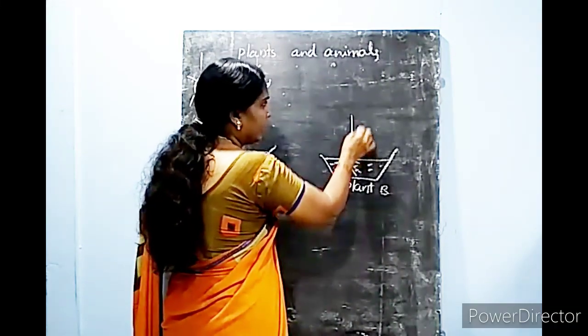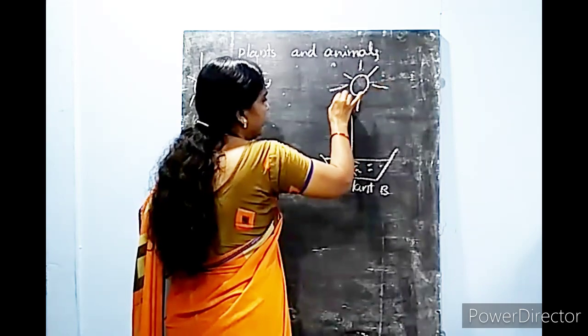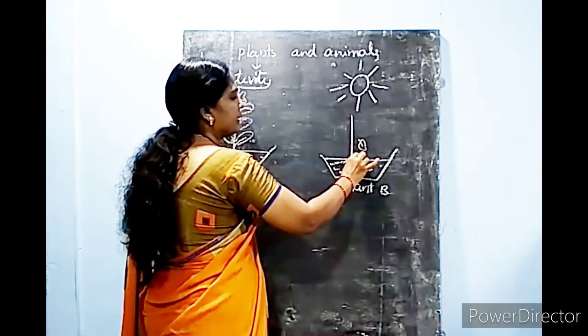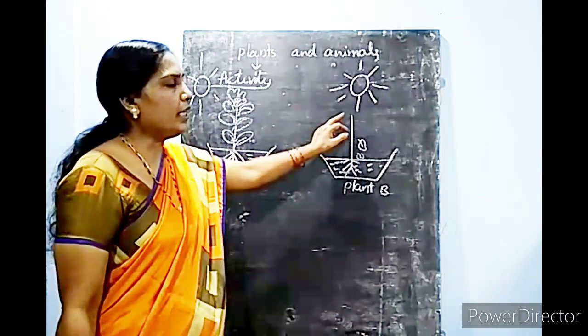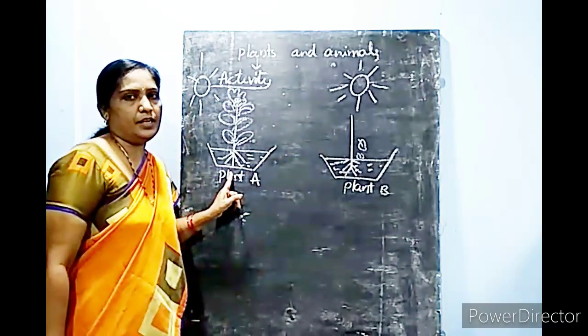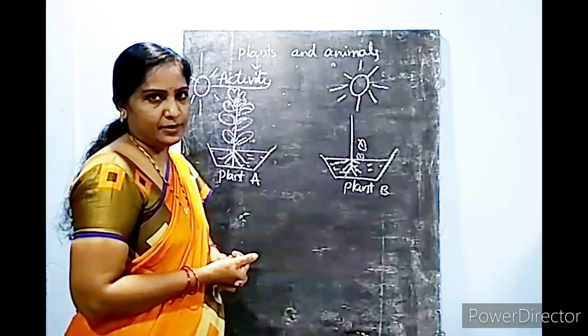Here, I plucked all the leaves, and availability of sunlight is there even here. But the only difference is that I plucked all the leaves. There are no leaves in plant B. In plant A, the plant is full of leaves.